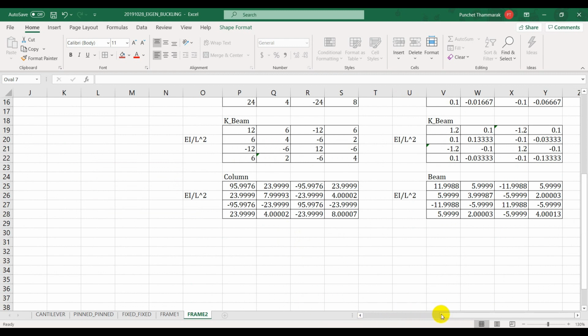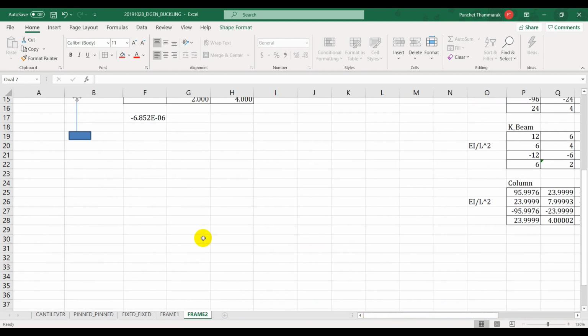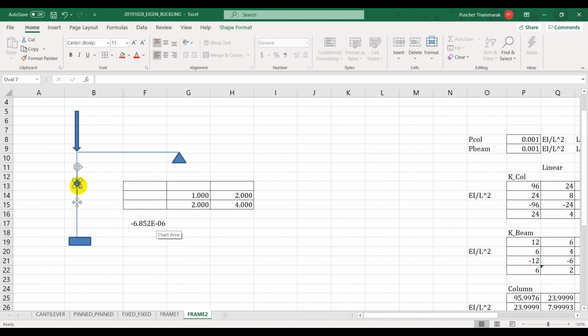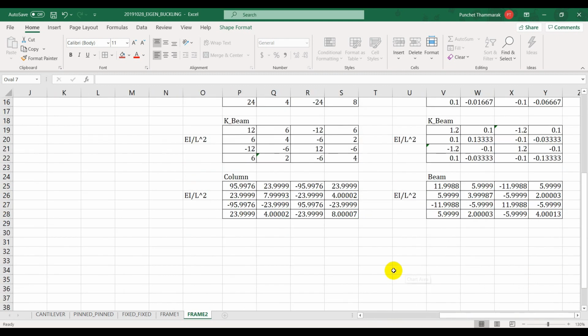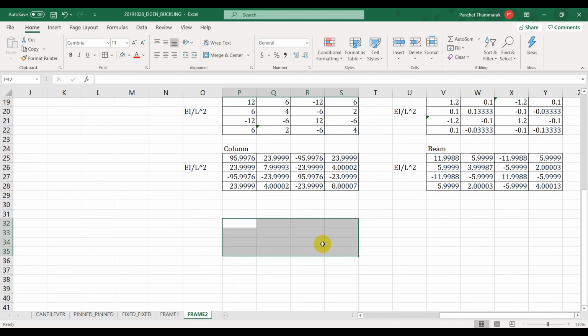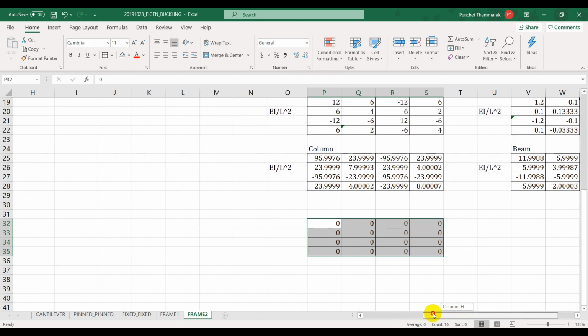So the system, how many degrees of freedom do we have? 1, 2, 3, 4. Four degrees of freedom in total. So let's drop them in one by one.